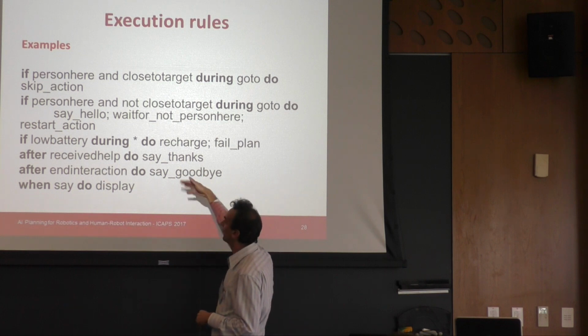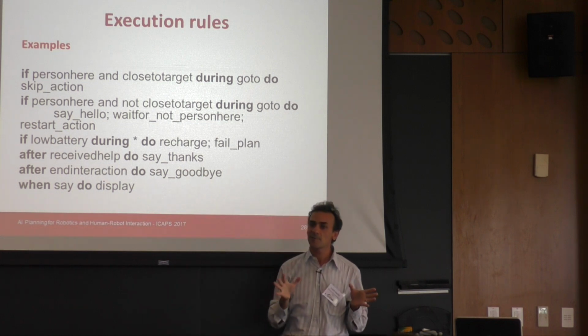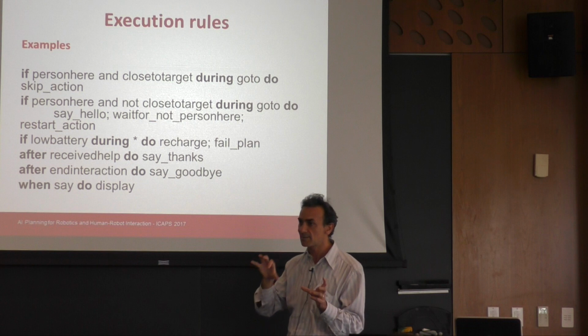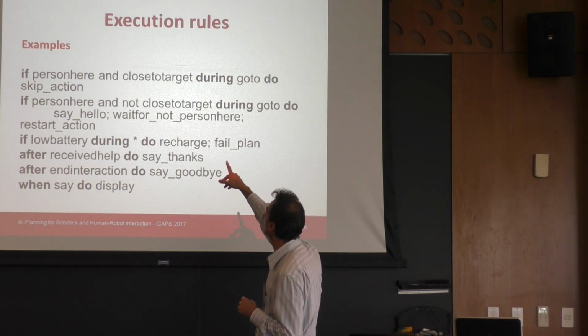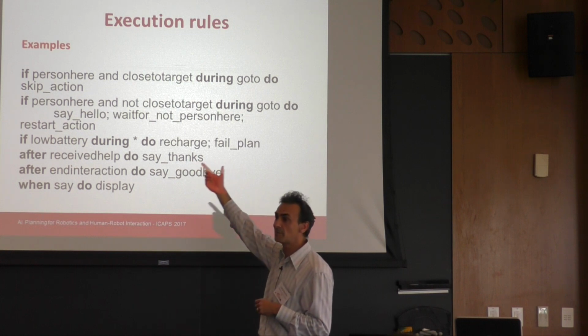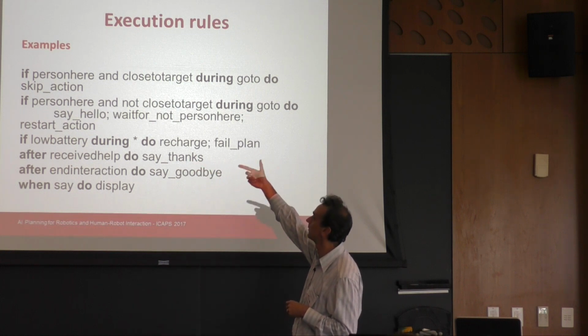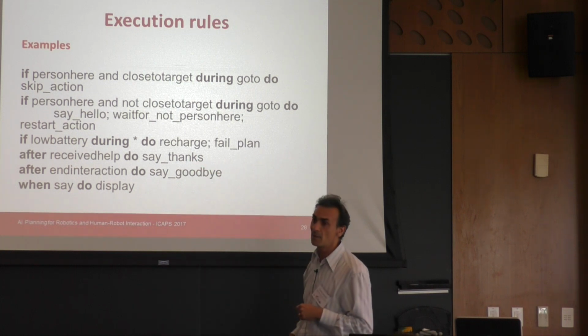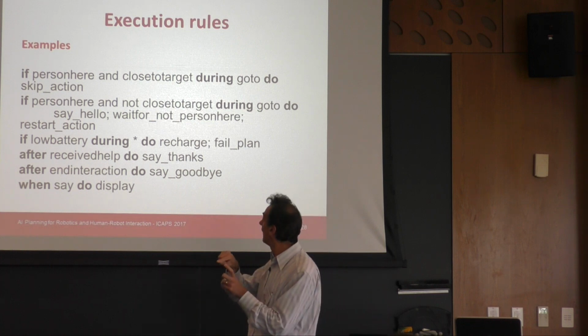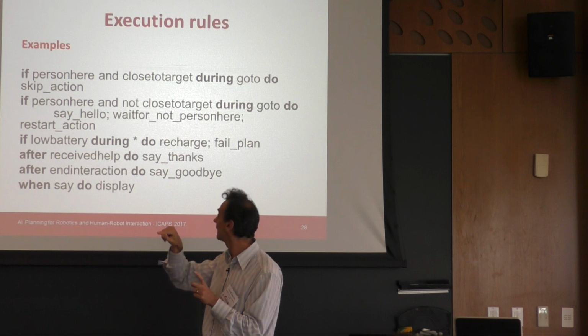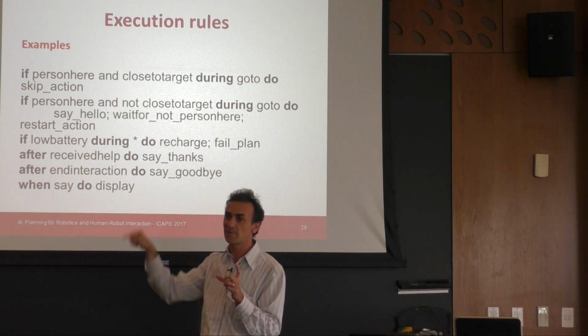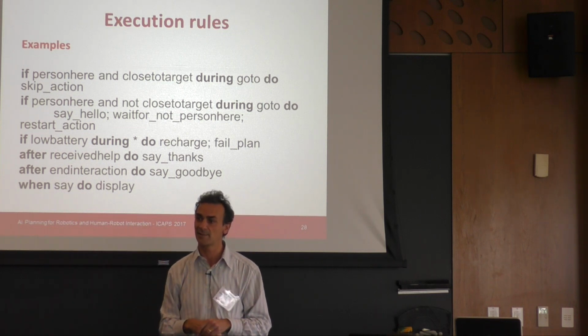Or you can have other kinds of rules. These rules are directly mapped into some modification of the PNP. For example, a rule like this means that I will put an interrupt with the condition person close to target on the action go to, and if this condition is true during the execution of the action, then, in this case, I will skip the action and continue with the next action.